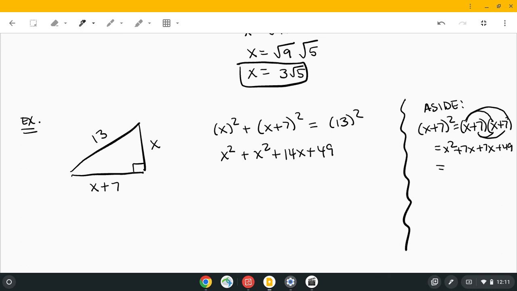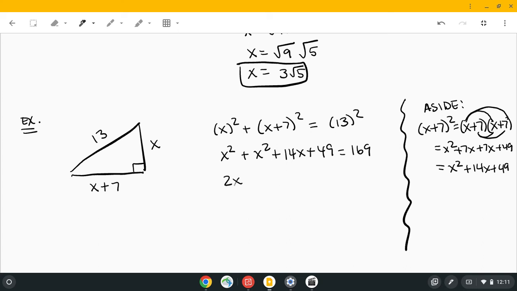These 2 terms in the middle are like terms, so I'm going to combine them. So I get x squared plus 14x plus 49. And then 13 squared is 169.